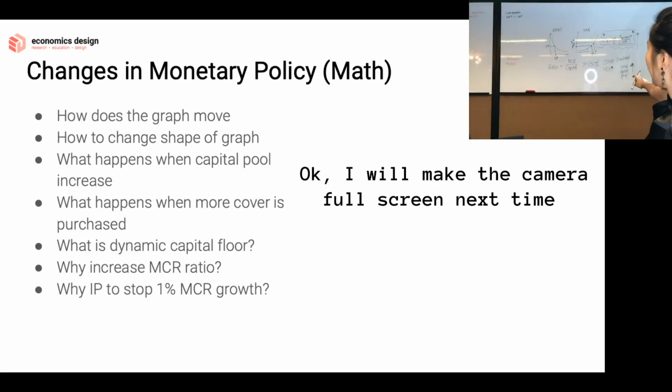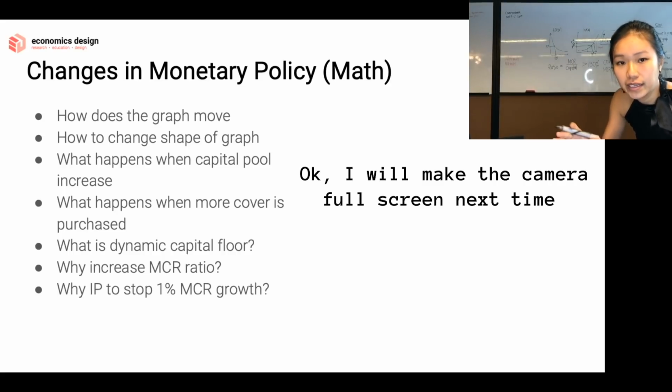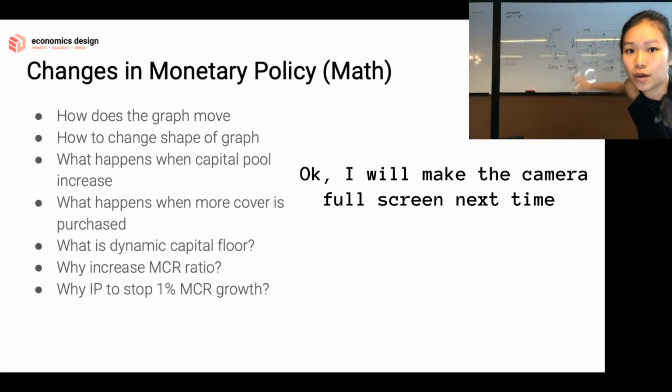And so now we have two variables. We have MCR increasing, and then we have the total capital pool increasing. And this is important to note, because the ratio of both of them is quite important in determining the price of the token. So now we have to see which one increases more.